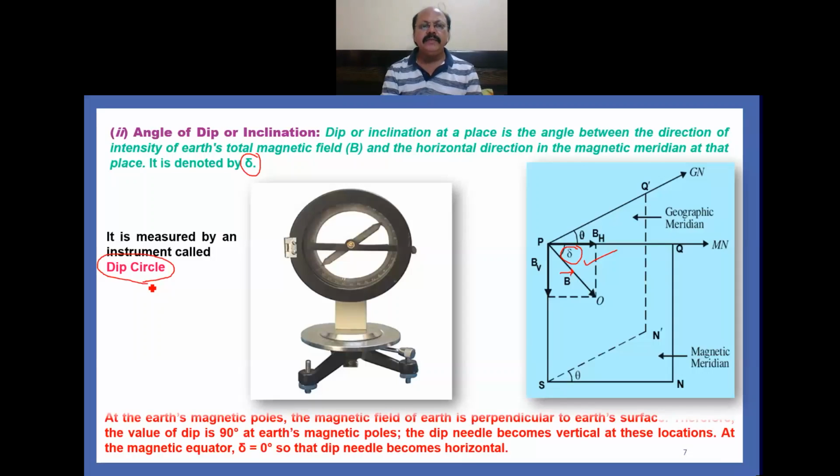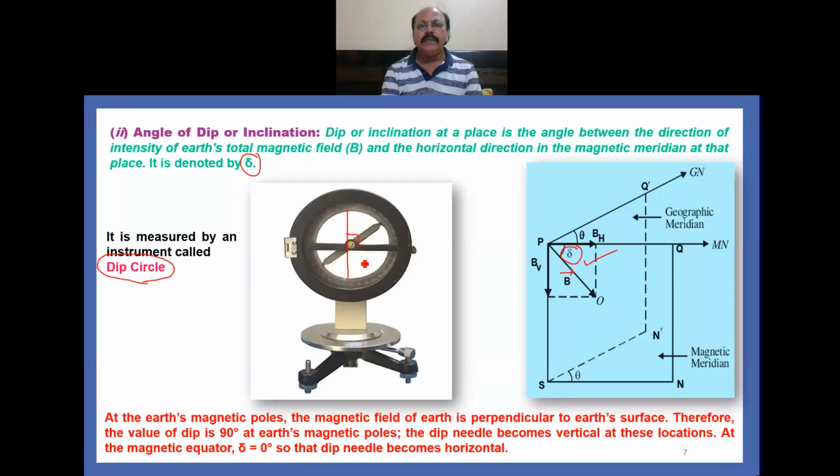At the Earth's magnetic poles, the magnetic field of Earth is perpendicular to the Earth's surface and the value of angle of dip is 90 degree. So at the magnetic pole of the Earth, the magnetic needle in the dip circle becomes vertical. So this angle is 90 degree.